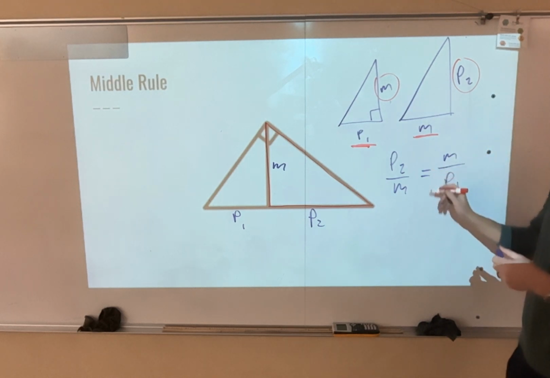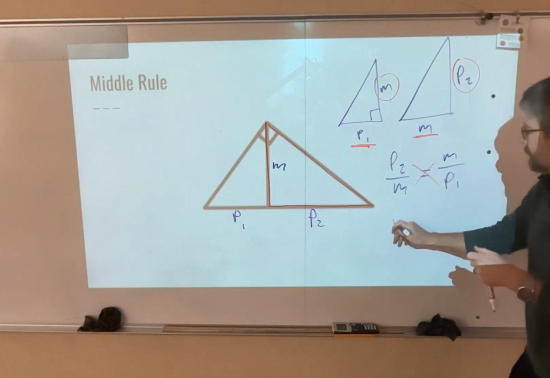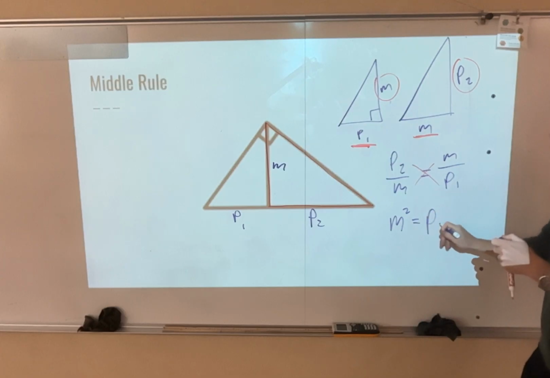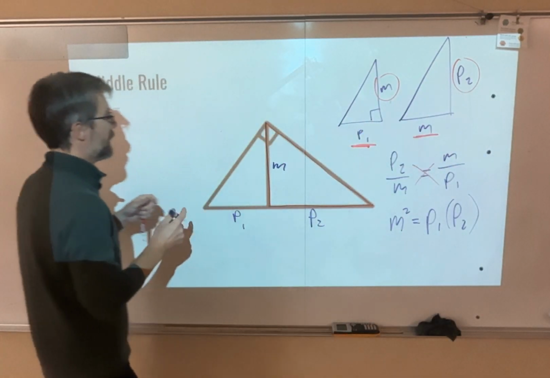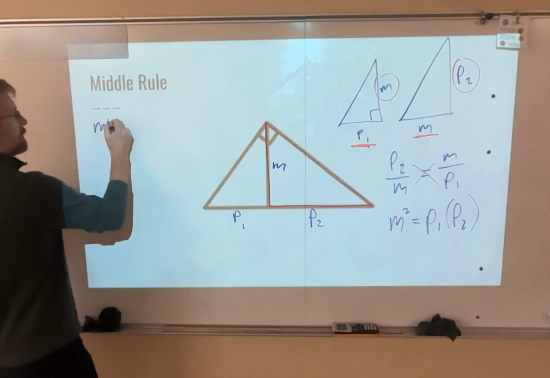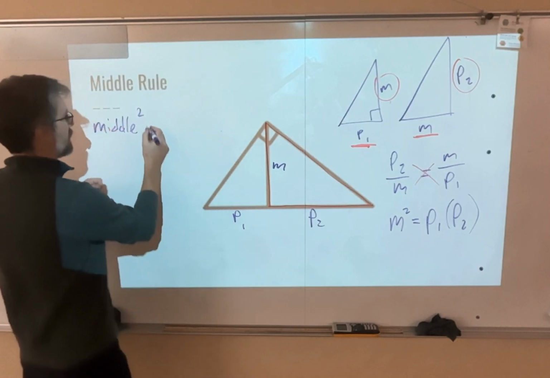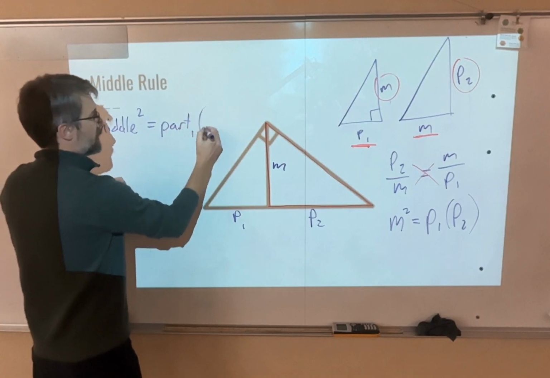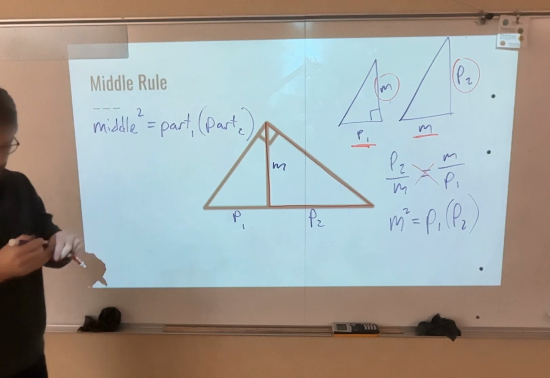And so if I solve this by cross-multiplying, I get that M squared is equal to the product of P1 and P2. Or we could think of it this way, that the middle squared, so this side squared, is equal to part 1 times part 2.